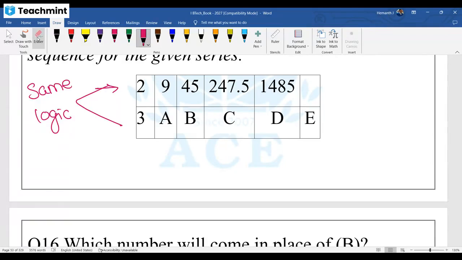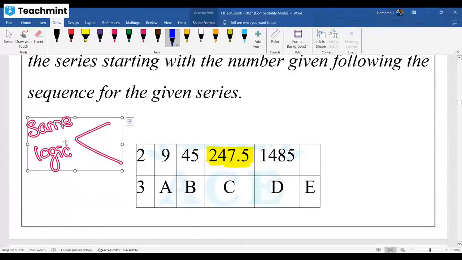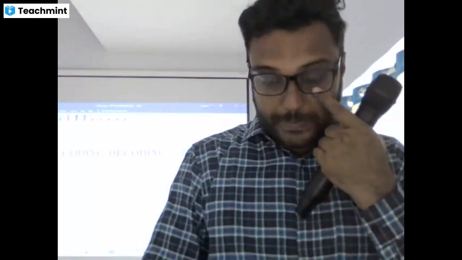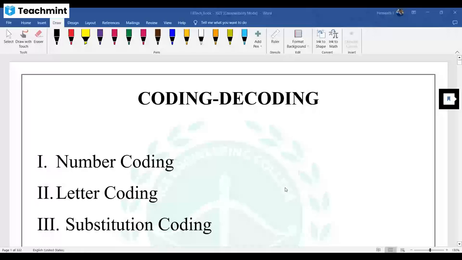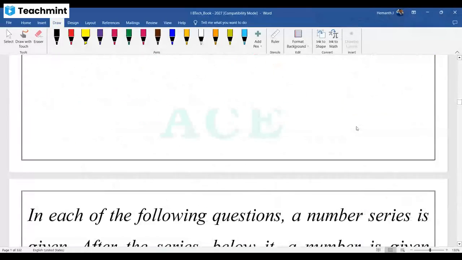So the first thing: the above one is a completed series. From that, identify the logic. What is the logic here?